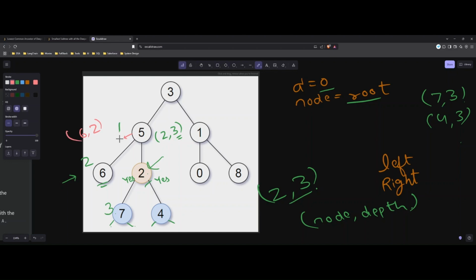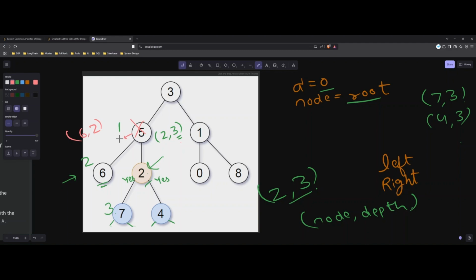But it will say we already have a depth that is greater than 2. And we also need the largest one, right? The lowest common ancestor of the deepest leaf. So the deepest one is 3. So it will say it cannot. Then 5 will say, I cannot be the lowest common ancestor of it, right?